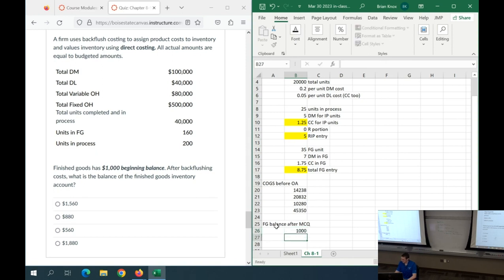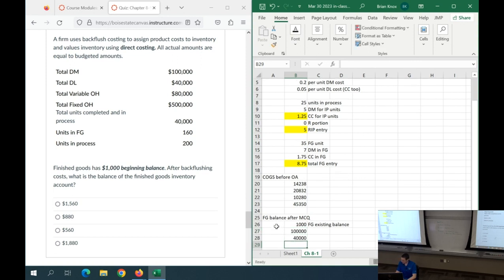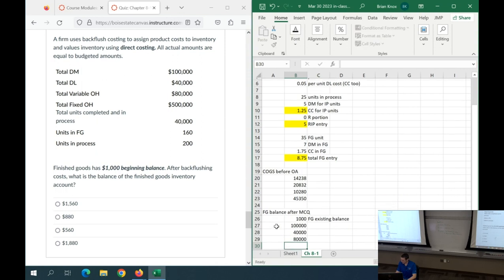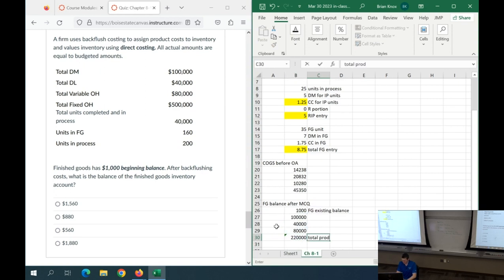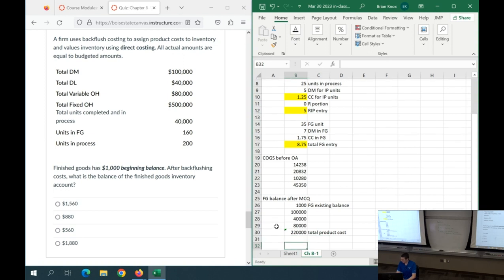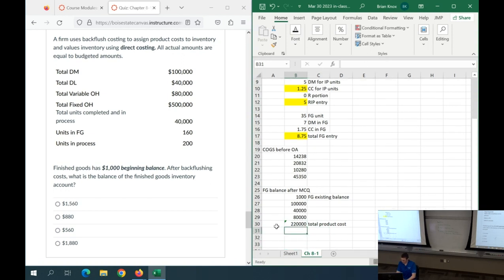So we have $1,000. That's our FG existing balance we're going to say. We have $100,000 direct materials cost, $40,000 direct labor cost, $80,000 of variable overhead cost. And so the sum of those, the total product cost, is 220,000.